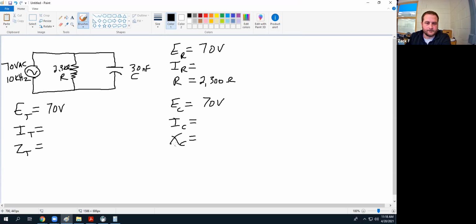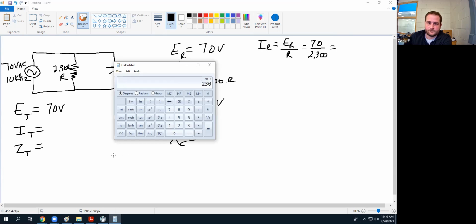Now what can we do? You can use Ohm's law to find current through the resistor, correct? 70 divided by 2,300. 30 milliamps.